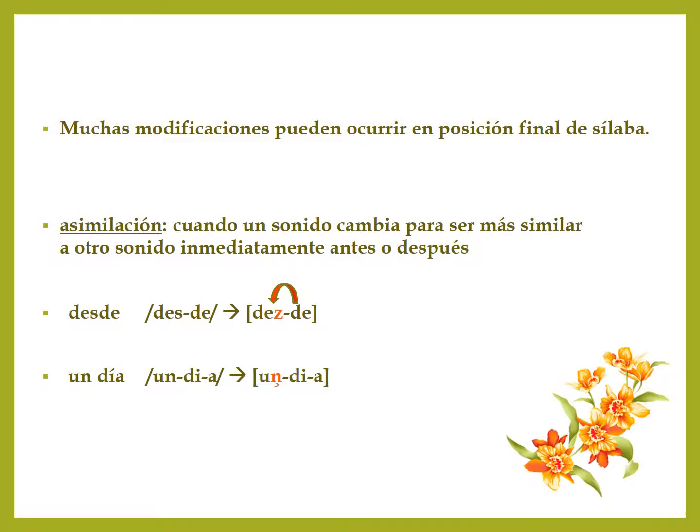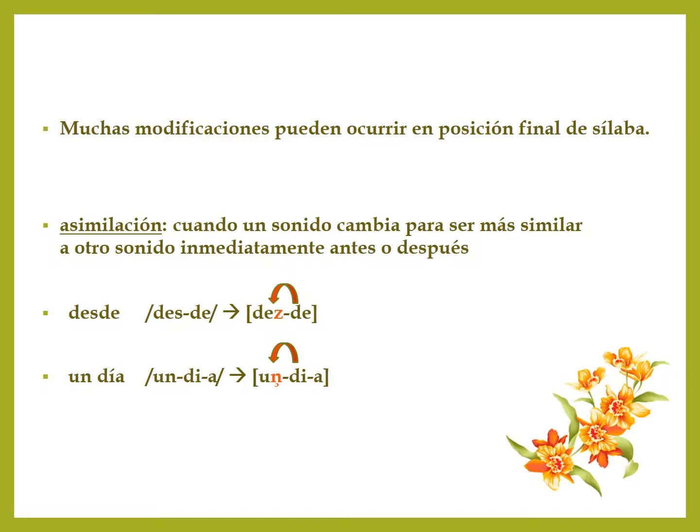Okay. Later on in this presentation, you're going to learn that a whole bunch of things can happen to the phoneme N, like at the end of the word un, or the end of this syllable un, and it is also affected by the sound that comes after it. So here, we're dealing with a D again.